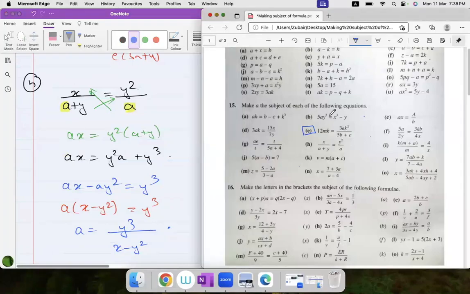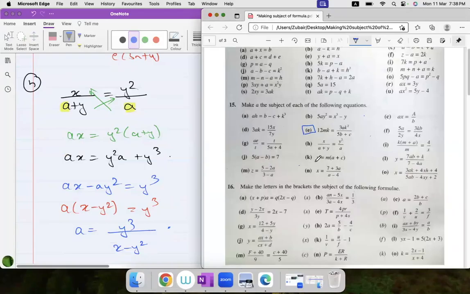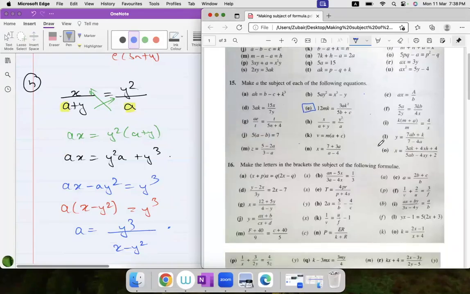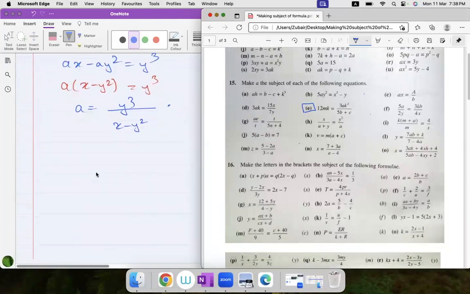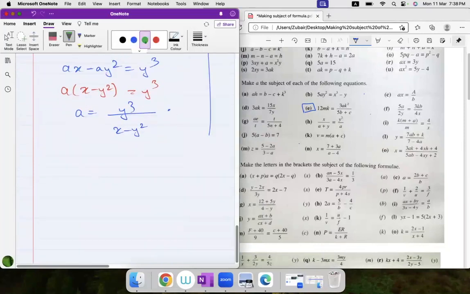Okay, I is again single a, J, K, L. L part is again two ways. Y is equals to 7ab plus k over 7 minus 4a.